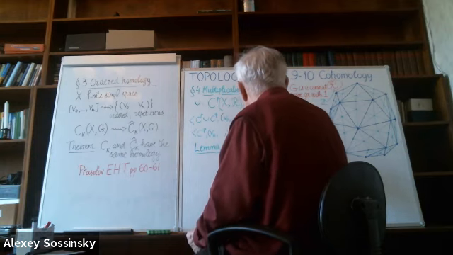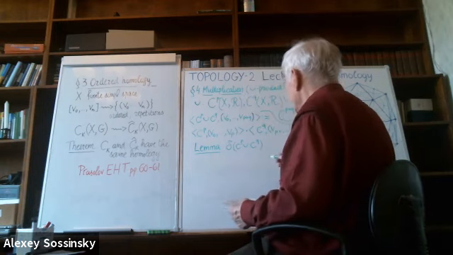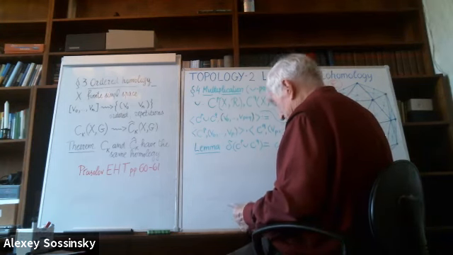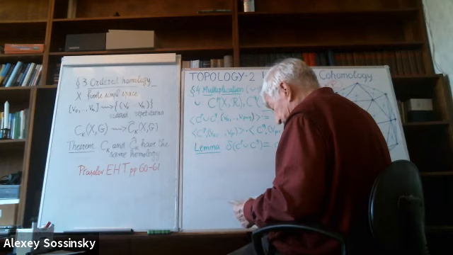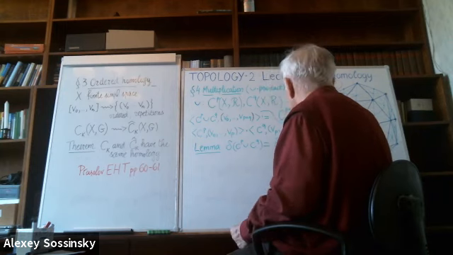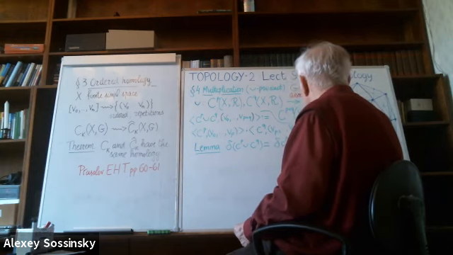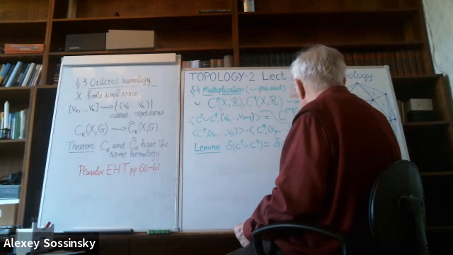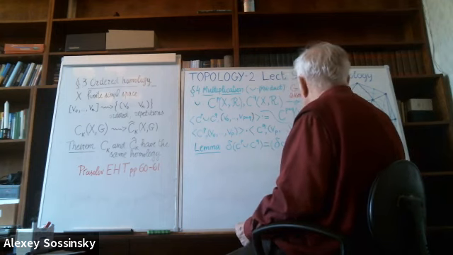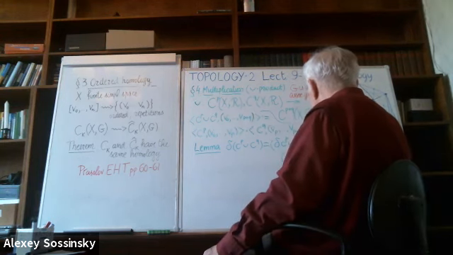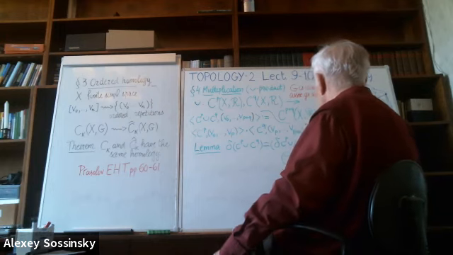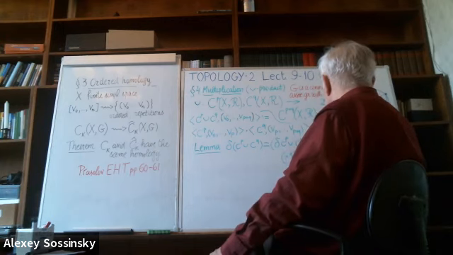So if we apply the coboundary operator to the product of these two cochains, what we get is the coboundary operator applied to C^p multiplied by C^q, plus, and then we have a sign, and the rest is C^p multiplied by the coboundary operator of C^q.